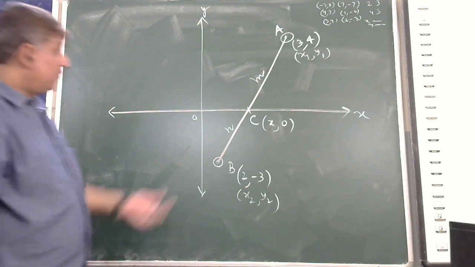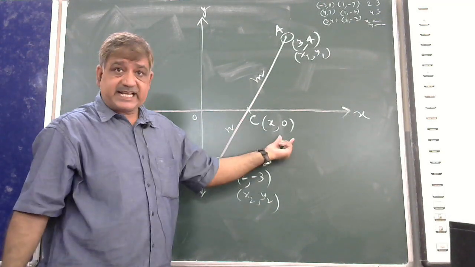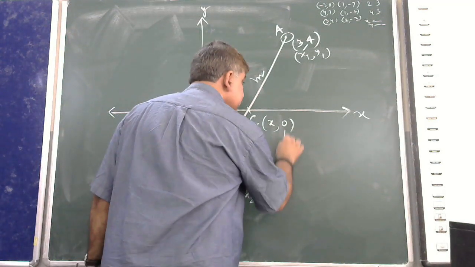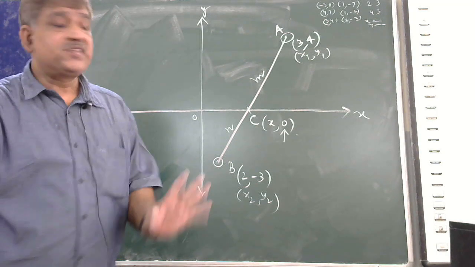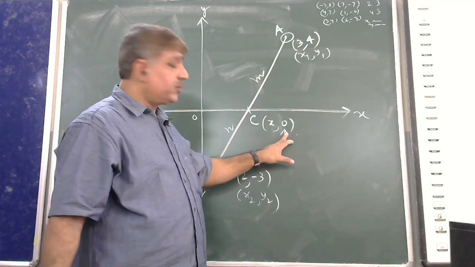Now, for point C on the x-axis, we know that the y-coordinate of any point on the x-axis is 0.